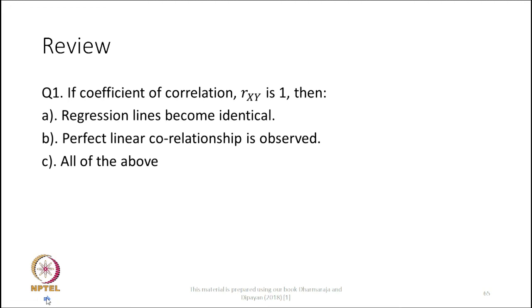Question number 1. If the coefficient of correlation r_xy is 1, then there are 3 options: regression lines become identical, perfect linear correlationship is observed, all of the above.